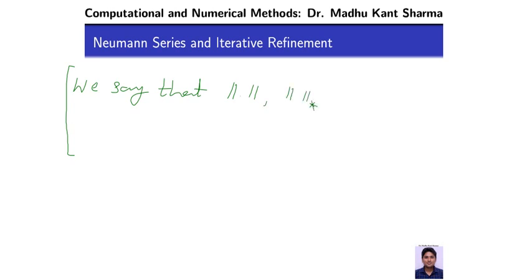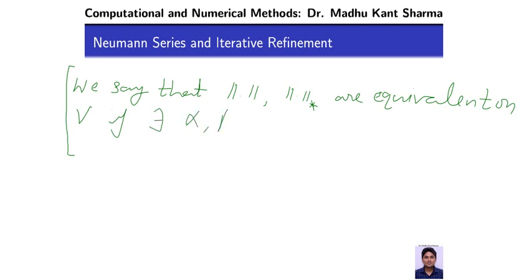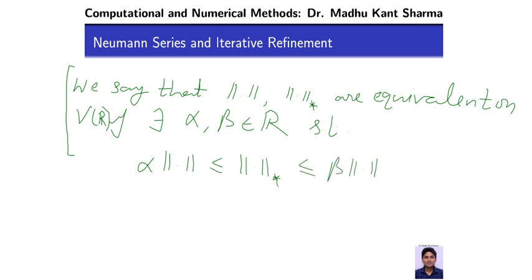They are equivalent on V if there exist alpha, beta in R (V is a vector space over the field R) such that alpha times norm is less than or equal to norm star, which is less than or equal to beta times norm.